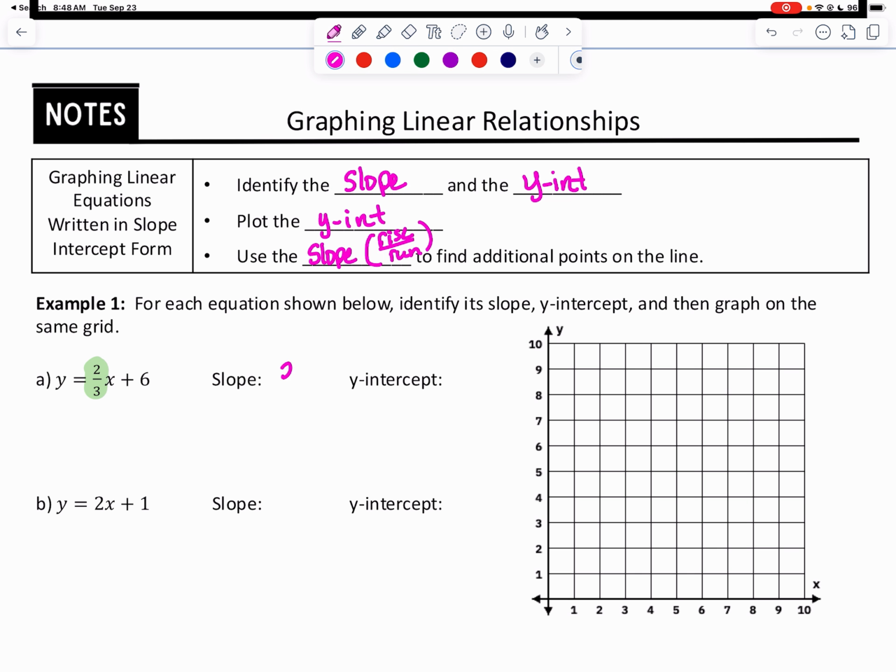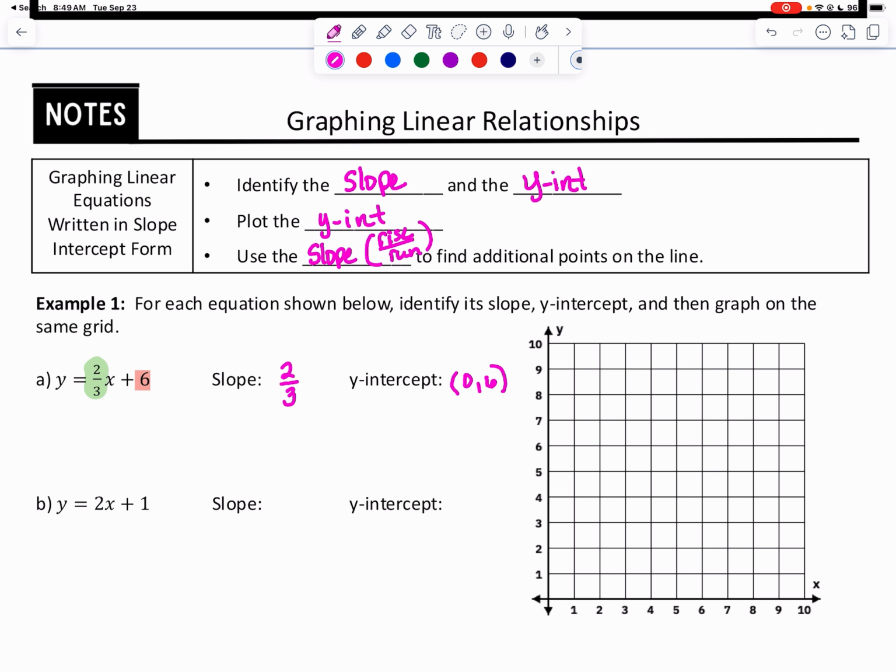So in this problem, our slope is going to be 2/3. The y-intercept was the constant term, in other words, the term without a variable. So in this problem, our y-intercept is (0, 6). Now, the reason that y-intercept is so important is that's going to represent our beginning point on the line.